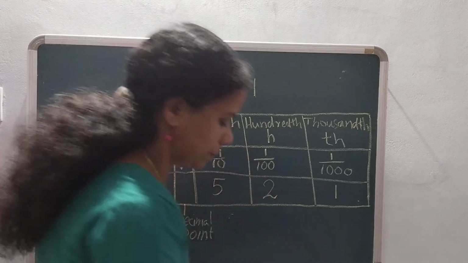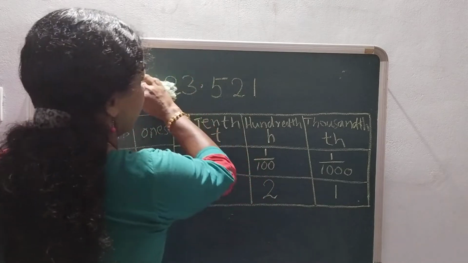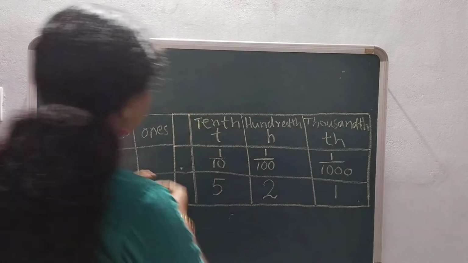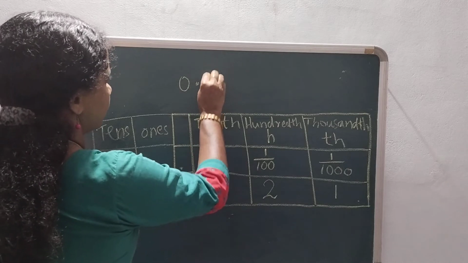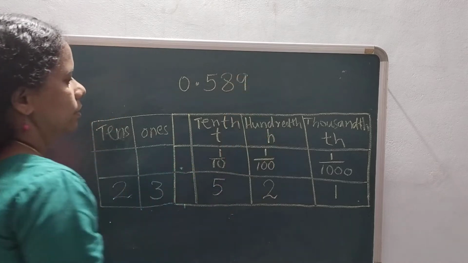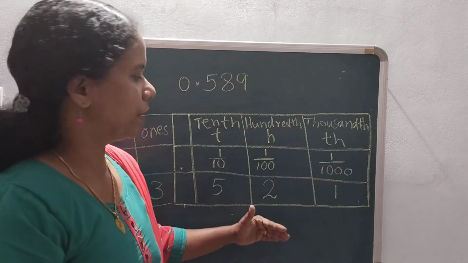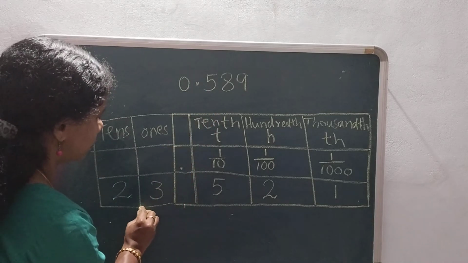Okay, children. Now if we are given another number, 0.589, this also we have to represent in the place value chart. See, for the whole number it is 0.